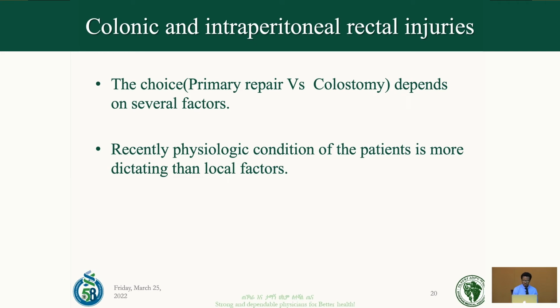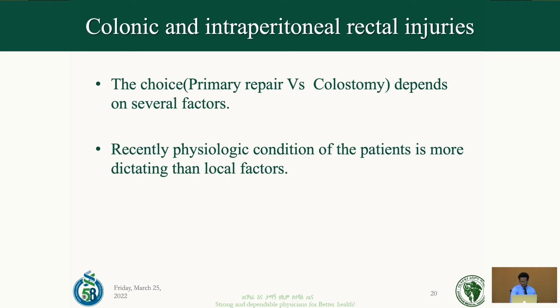For management of colonic and intraperitoneal rectal injuries, current practice has 3 options: primary repair, proximal diversion and anastomosis, and colostomy.